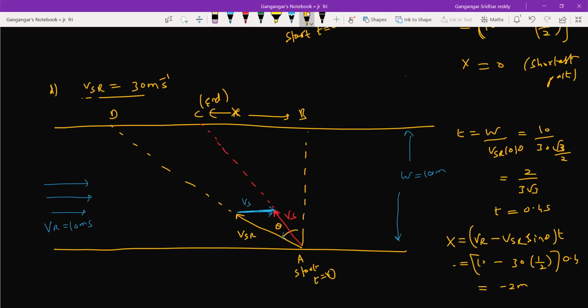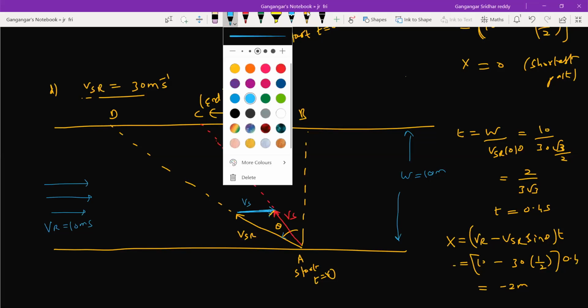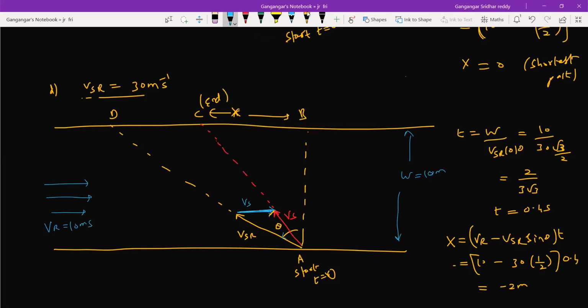You can control the drift by varying the VSR. By adjusting the values of VSR, you can also control the theta. Here I took theta to be fixed. VR is fixed here. VSR is what is varying. By varying VSR, yes, we can control the drift here.